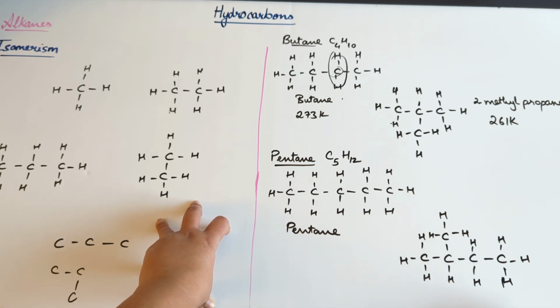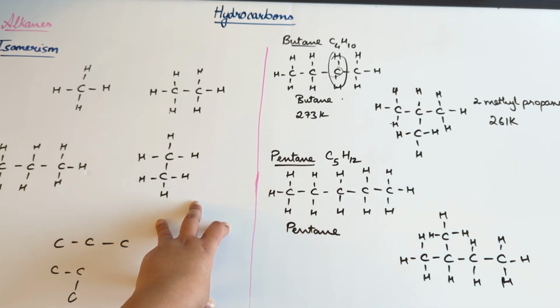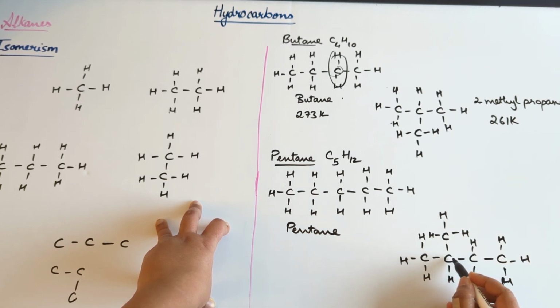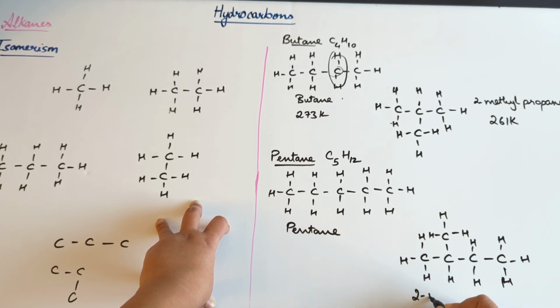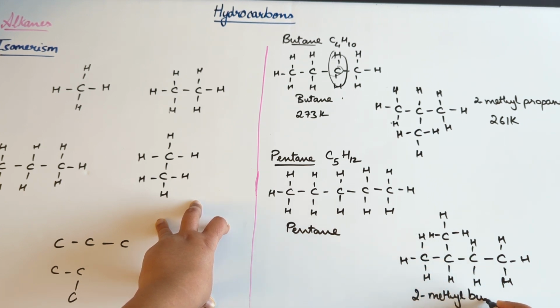So we're just replacing the 4 valencies with hydrogen atoms. So here you have 1, 2, 3, 4, 5, 6, 7, 8, 9, 10, 11, 12. So it follows the C5H12 formula. But the IUPAC name of this is going to be, the second carbon atom has a methyl group attached to it, so it is a 2-methyl butane.